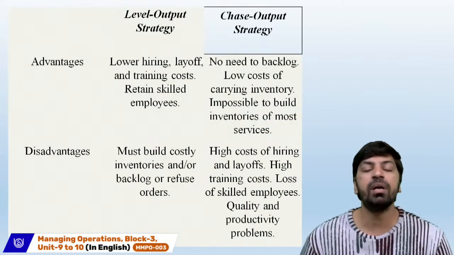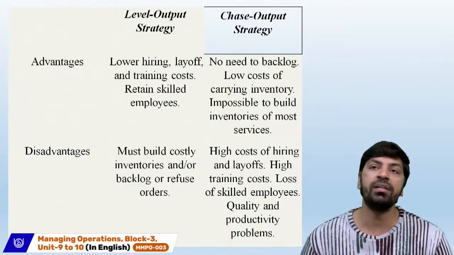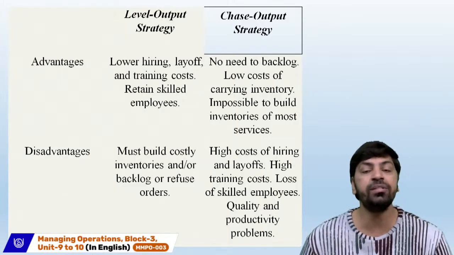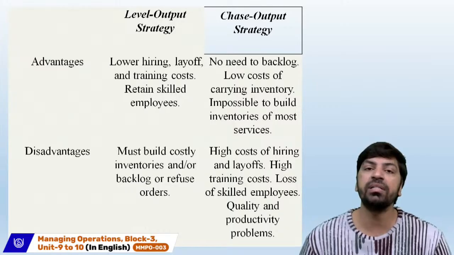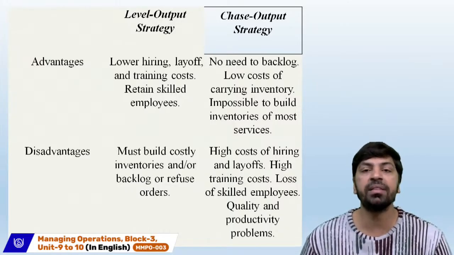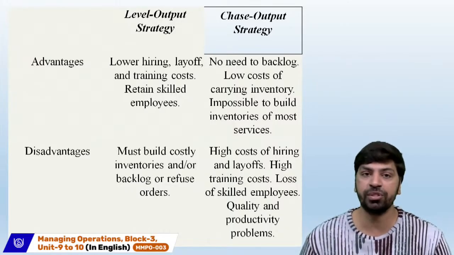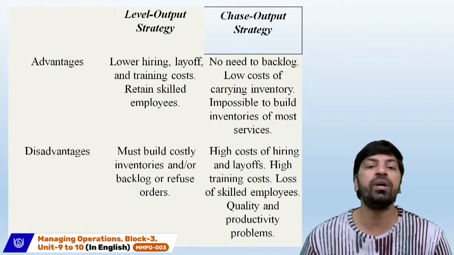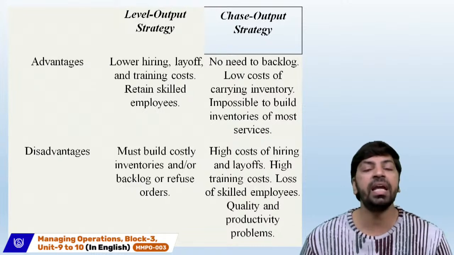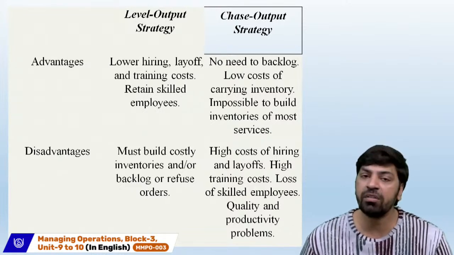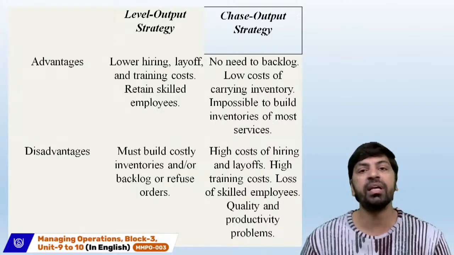Now we come to the advantages and disadvantages of the two main strategies. The first one is the level output strategy, and the second one is the chase output strategy. The level output strategy always lowers the hiring cost, layoff cost, workforce cost, and the training cost as well.